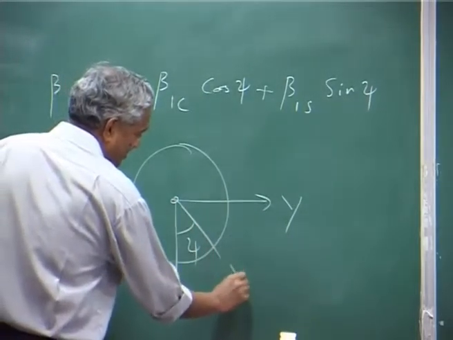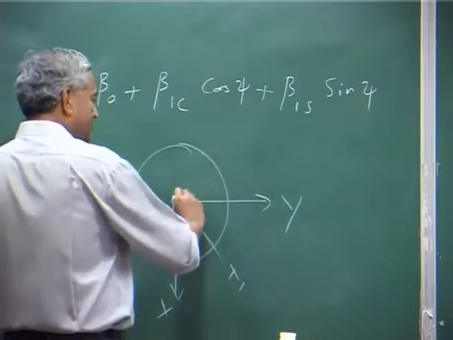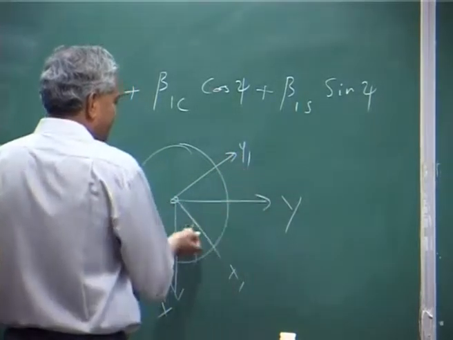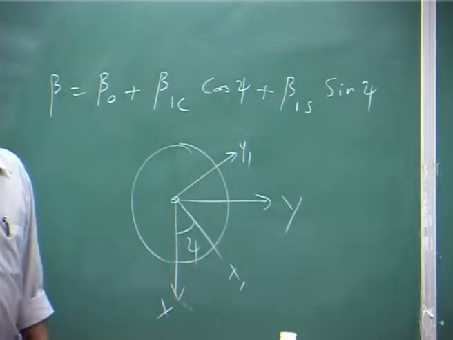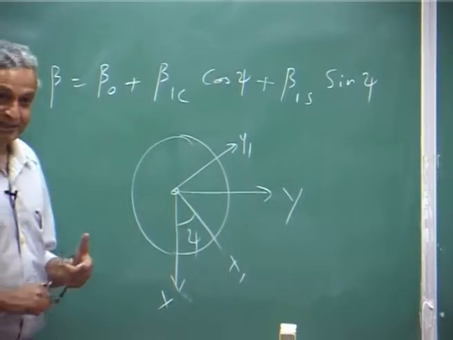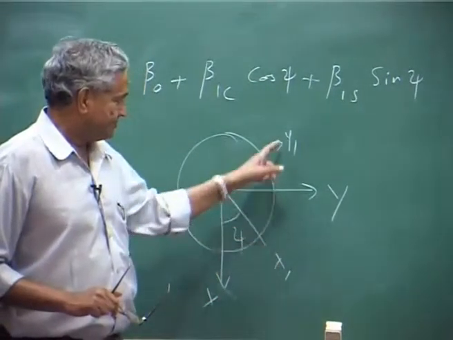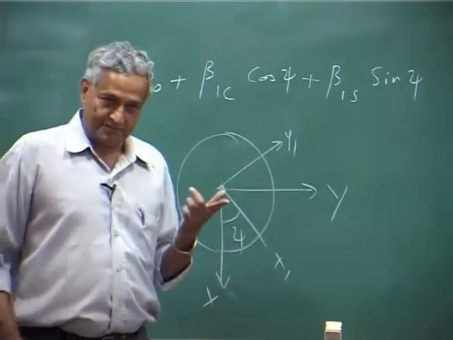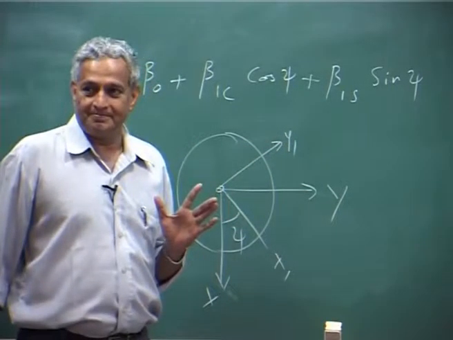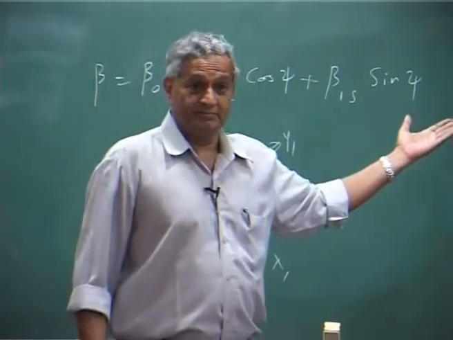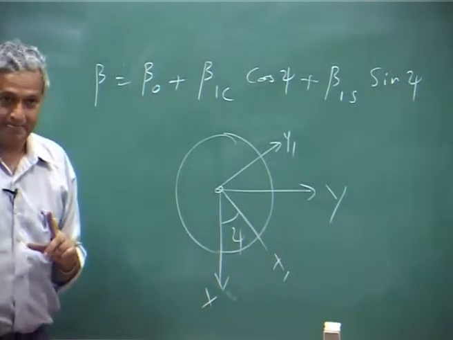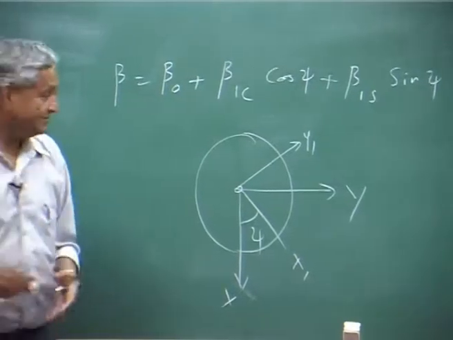You have x1 and you have y1, and in this x1 y1 the blade is moving up and down. So, you are writing the equation of motion in the rotating frame x1 y1, because in that frame only, how the blade is flapping up and down, that is beta.